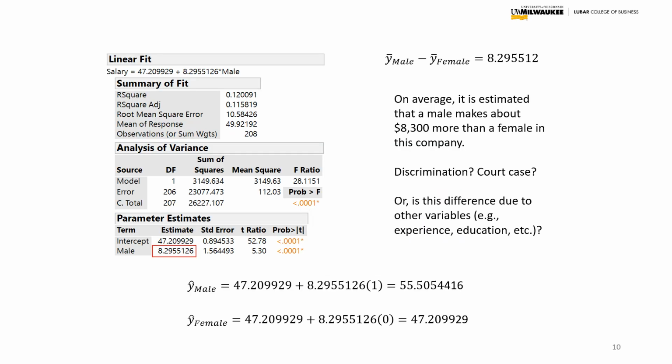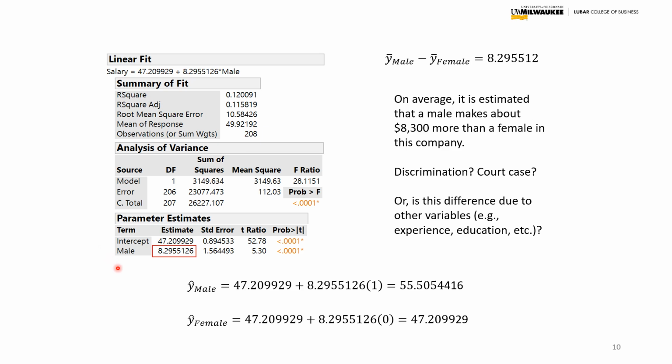I'm now going to fit a regression of salary on the male indicator variable. We get a regression output showing an intercept of 47.209929 and a coefficient for the male variable of 8.2955126.